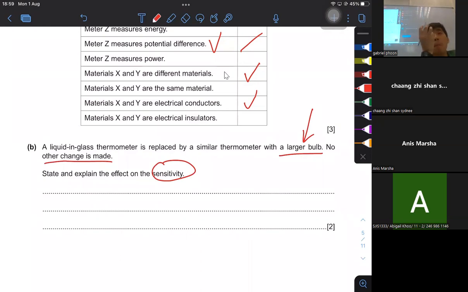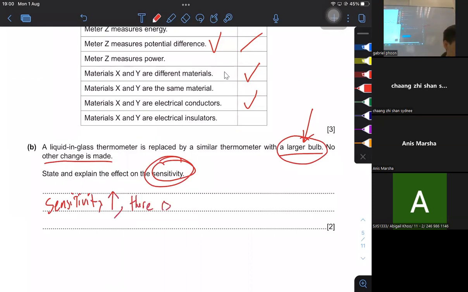It's because a larger bulb will have more liquid inside the thermometer, which can shoot up the thread even more. Guys, this is the reason why a larger bulb will increase the sensitivity. So your statement is going to be somewhere along the lines of: sensitivity definitely increases, and your reasoning is because there is more liquid to move up the thread.